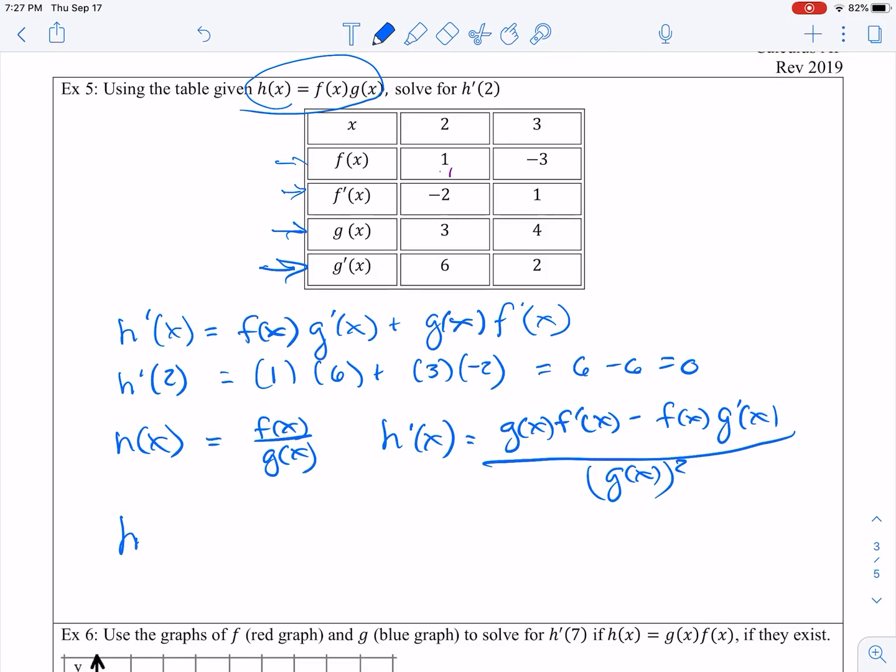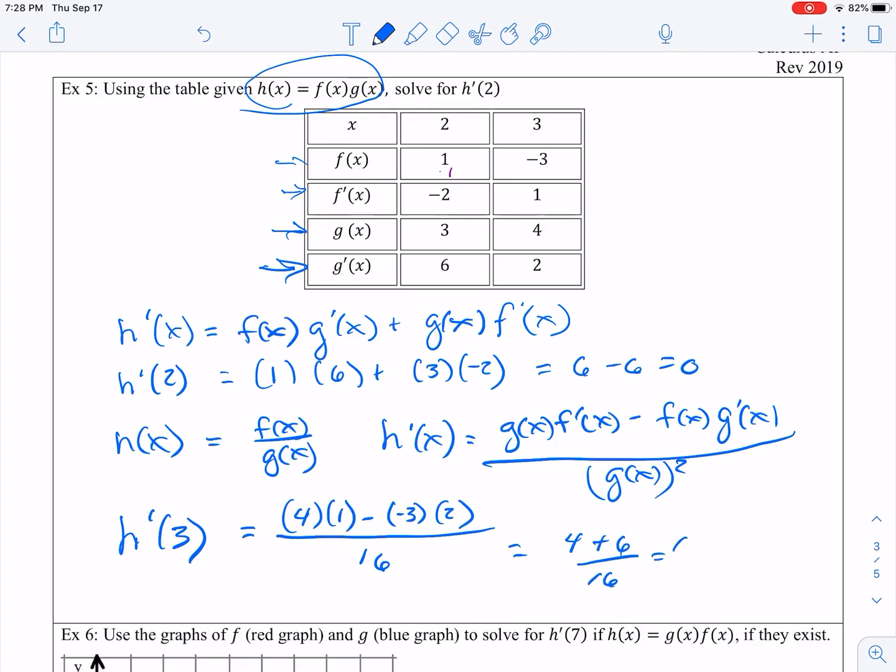Let's find h prime of 3. So I need g of 3, which is 4. F prime of 3 is 1. F of 3 is negative 3. G prime of 3 is 2. And g of 3 was 4. 4 squared is 16. So now I have 4 plus 6 over 16 is 10 over 16.